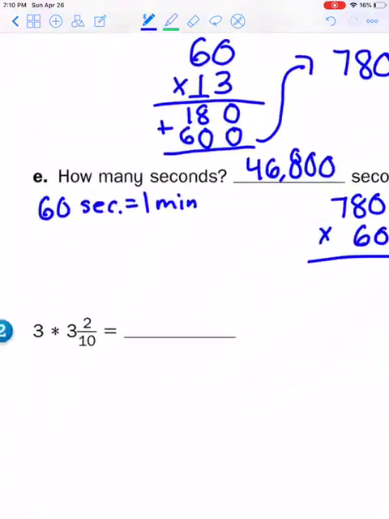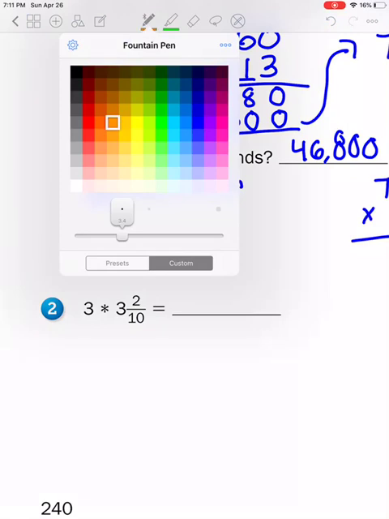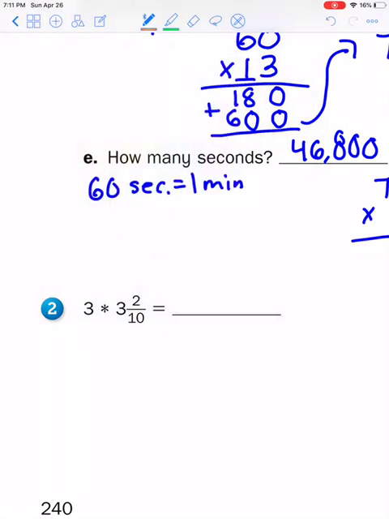Okay, number 2. They're asking you to do this multiplication fact. You can solve a multiplication problem any way you want. Me, I think breaking apart the fraction is the easiest and quickest, so that's the one I'm going to show you. But again, this is your choice. So I'm changing 3 and 2/10 to 3 plus 2/10.